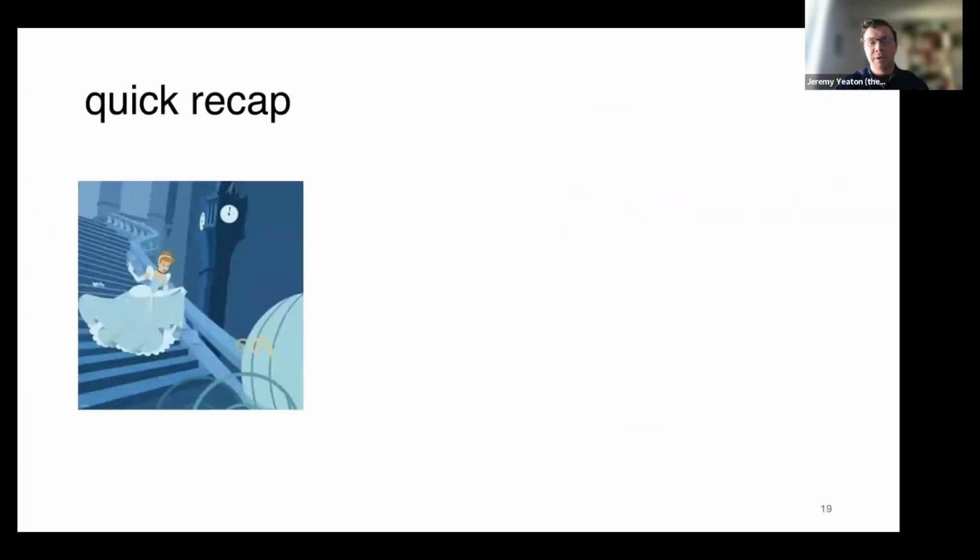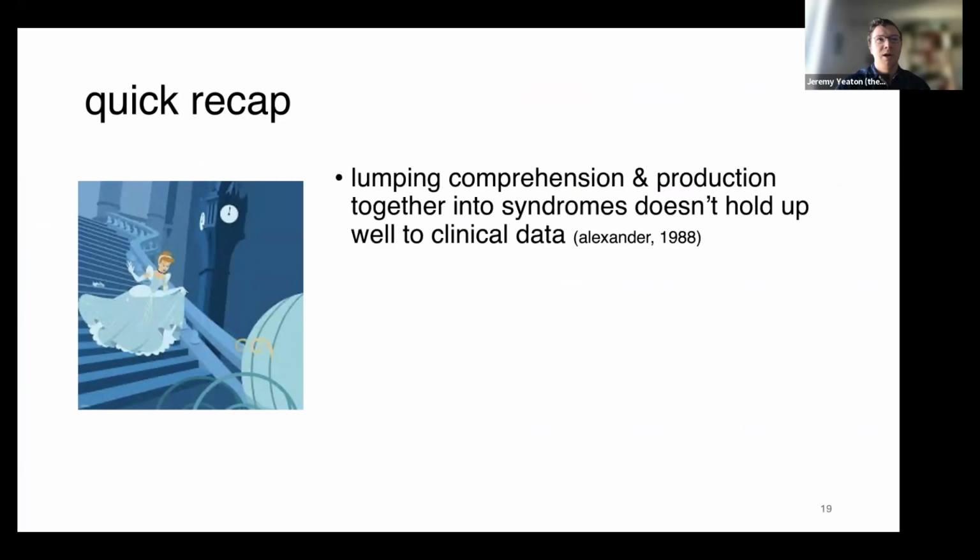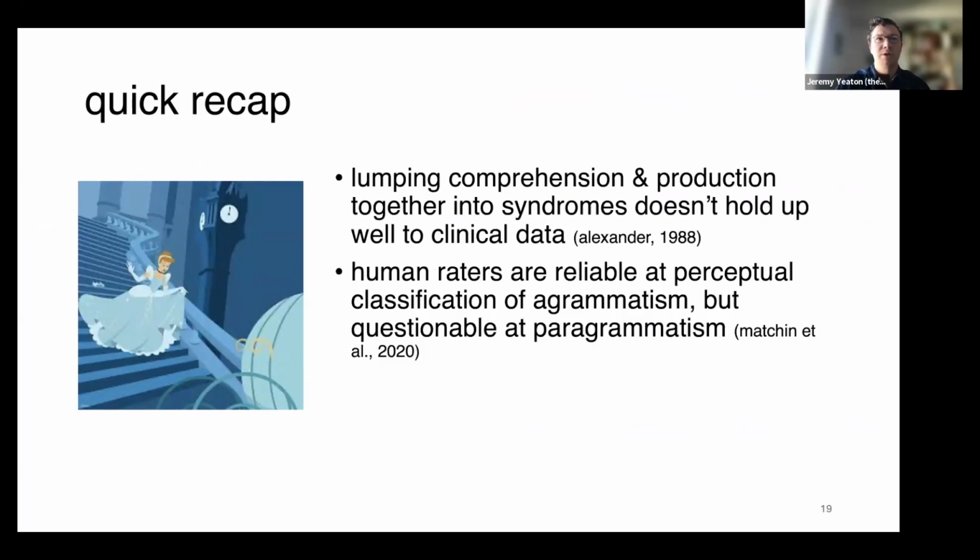So a quick recap here, we have Cinderella running down the stairs at midnight to emphasize the urgency of the situation. Lumping together comprehension and production into syndromes doesn't seem to hold up well to clinical data. Human raters are reliable at perceptual classification of agrammatism, but a little bit more hit or miss in paragrammatism.